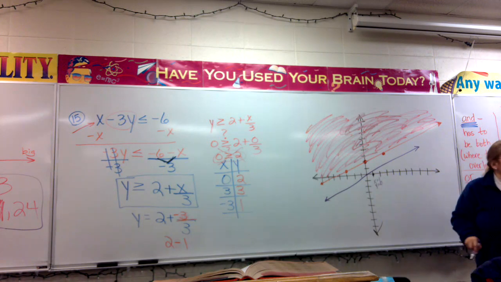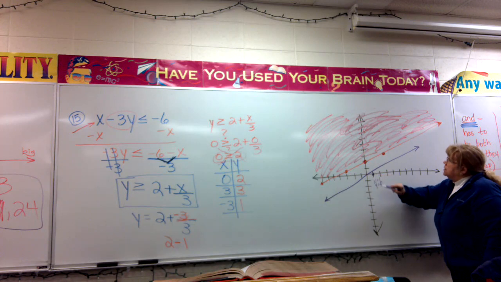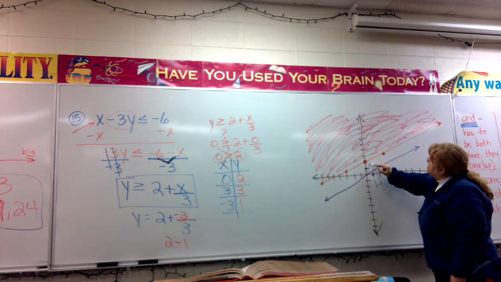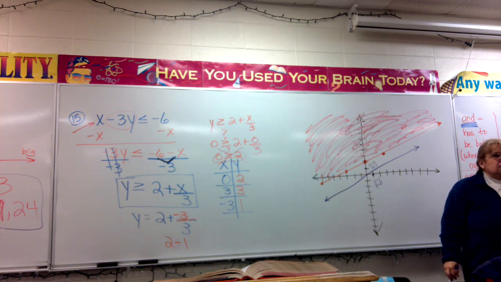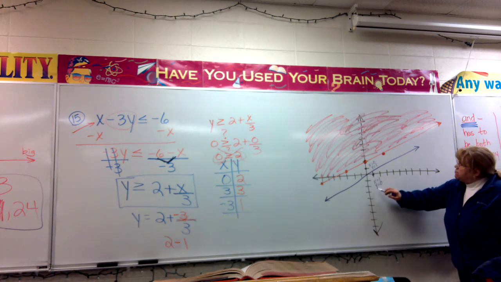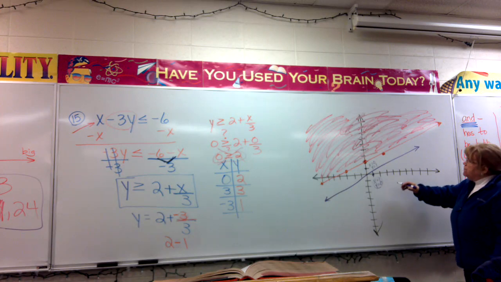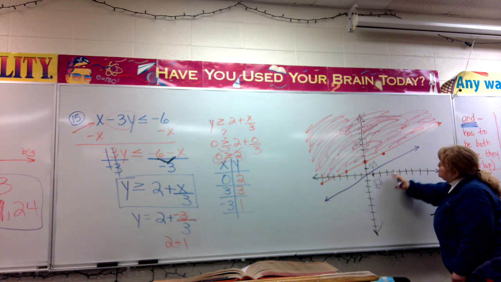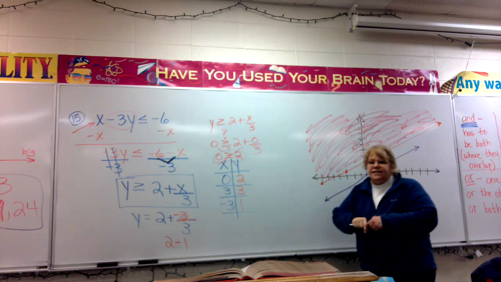Sometimes I write down the coordinates just so I can make sure I plug them in right. I could pick that one, or X is 0 and Y is 1. And then I make the dots so I can remember which side I picked, right? Same rule though, if you plug it in and it works, you shade this side. If it doesn't work, then you're going to shade the opposite side, right?